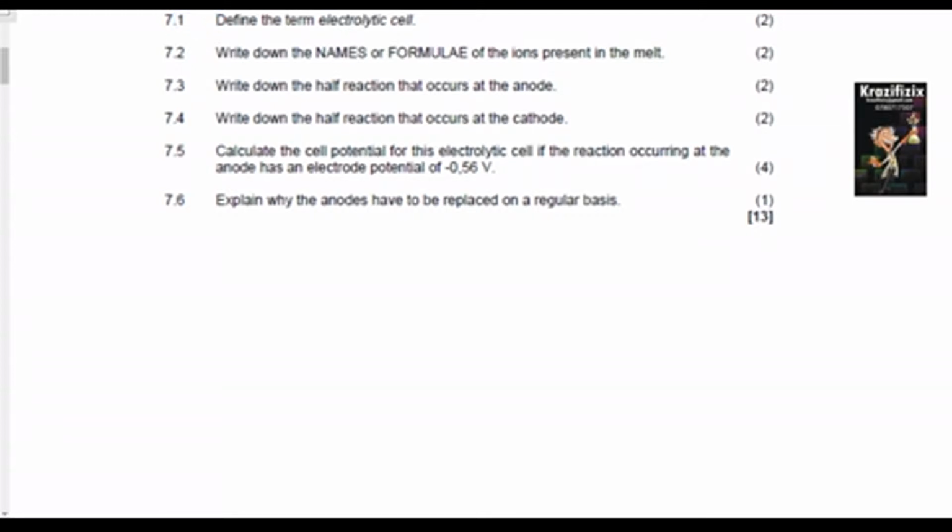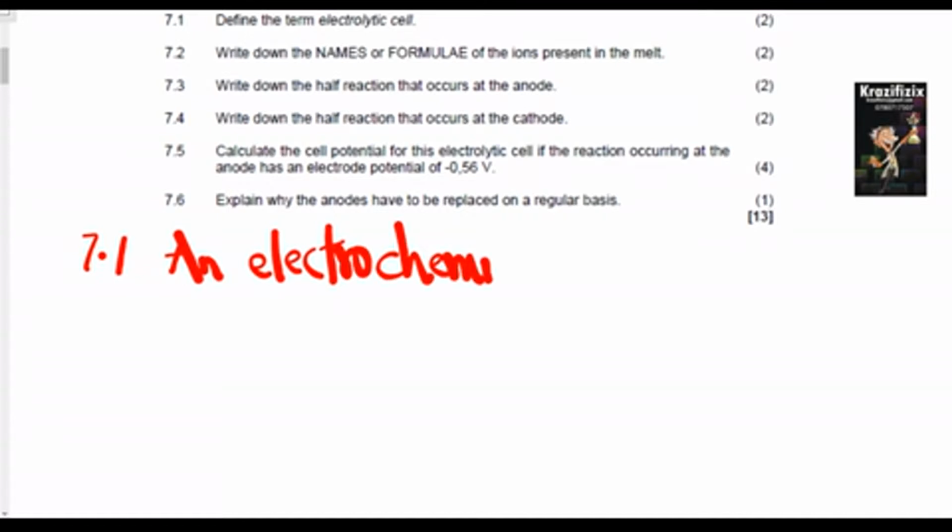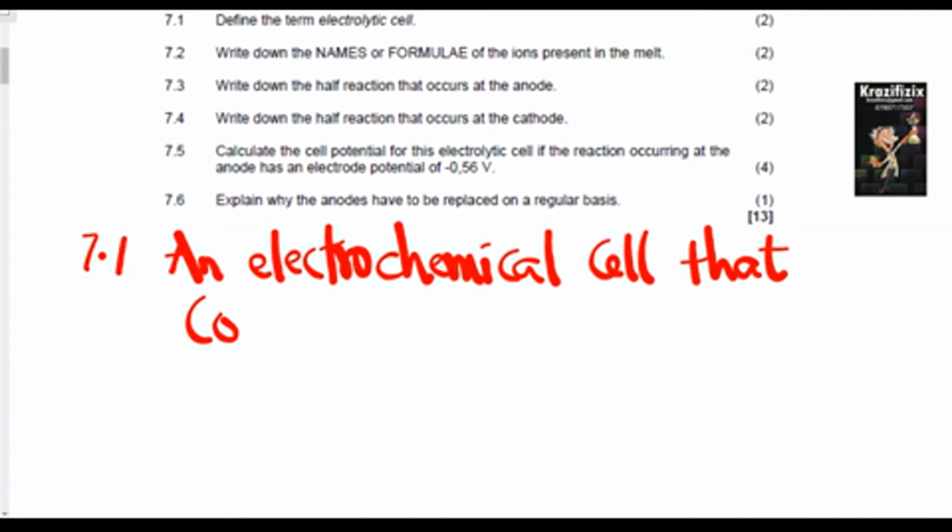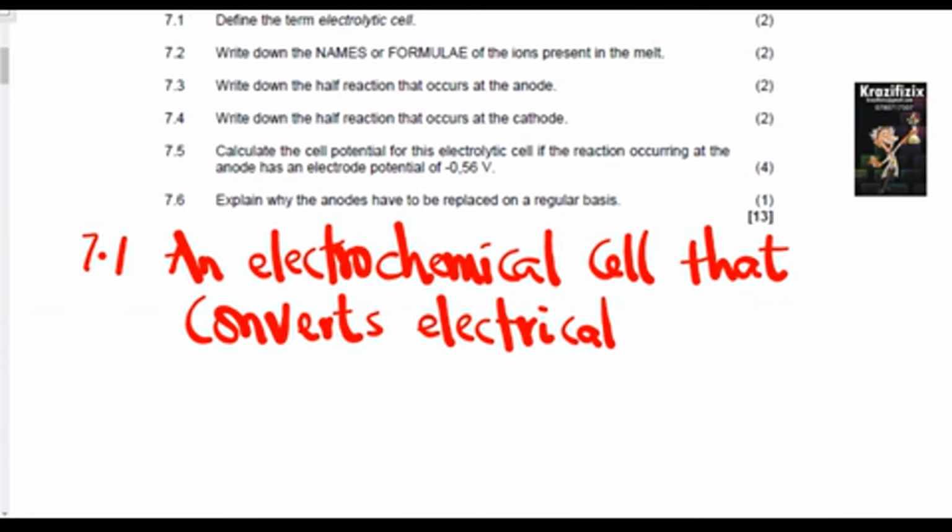7.1 says define an electrolytic cell. All right, we know that an electrolytic cell is an electrochemical cell that converts electrical energy to chemical energy.